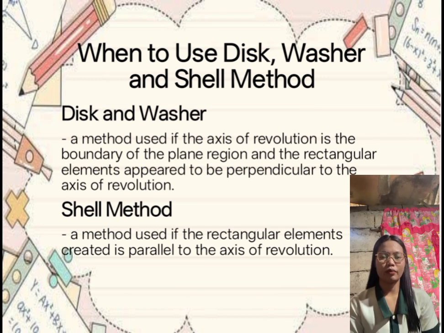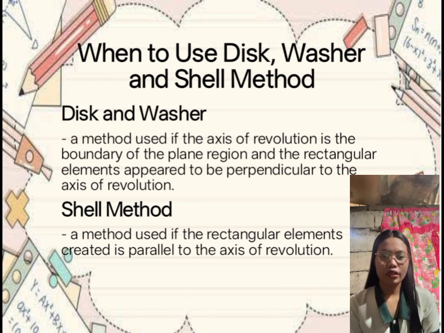The only difference is that the washer has a hole in it, so we can think of it as a disk with a hole. We can use disk and washer if the axis of revolution is the boundary of the plane region and the cross sections are taken perpendicular to the axis of revolution.